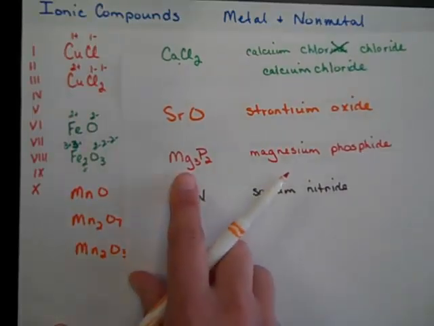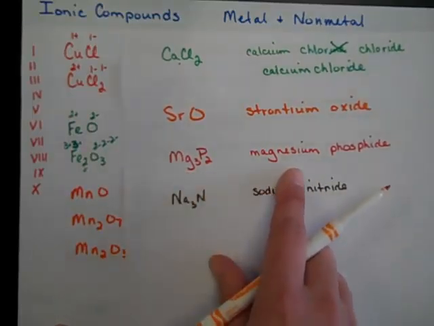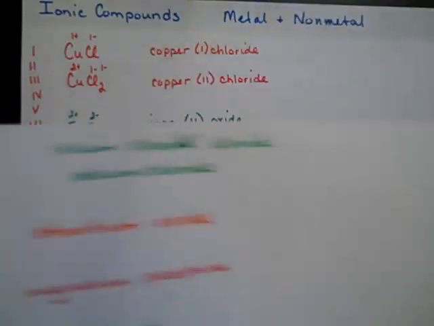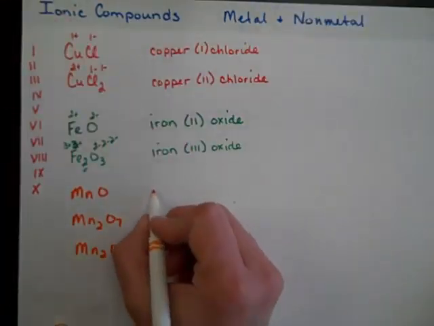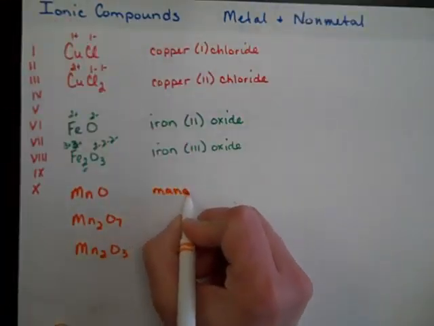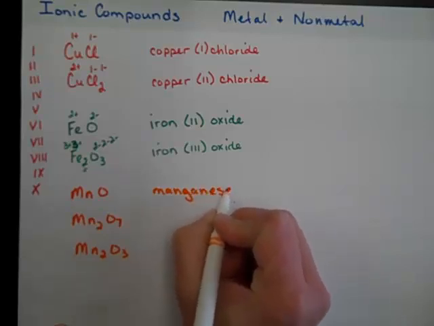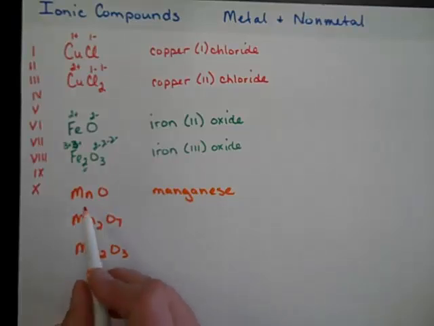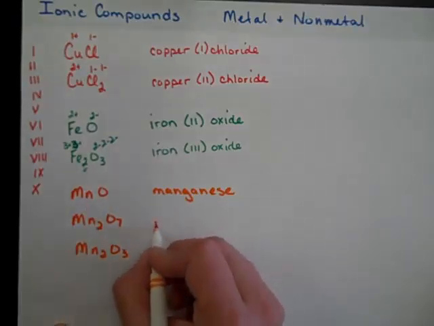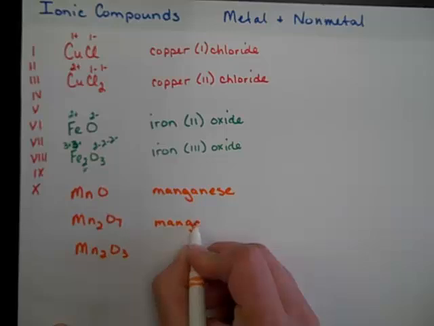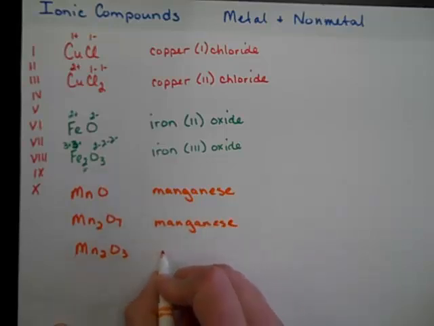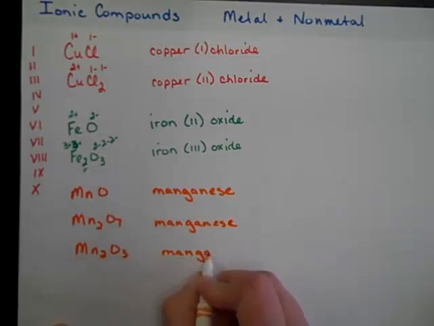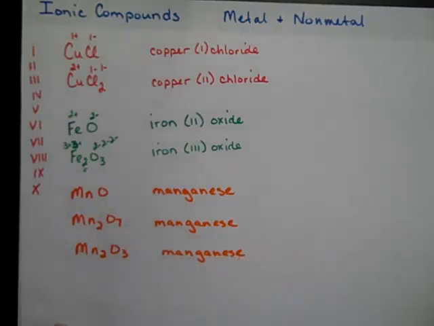Over here we had Mg, it was magnesium. Mn is manganese. It is not the same as magnesium. This is one that is very common to mix up, so be very careful when you're looking at that second one. So we're going to have manganese on all 3 of these. Let's go ahead and write that.